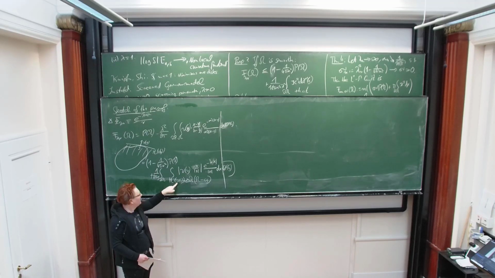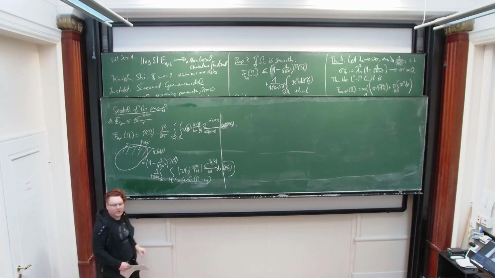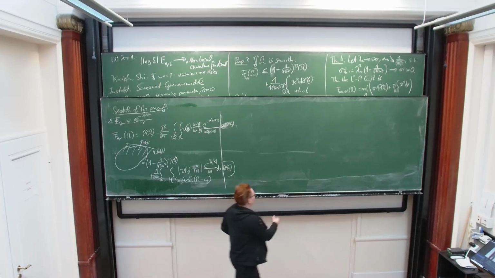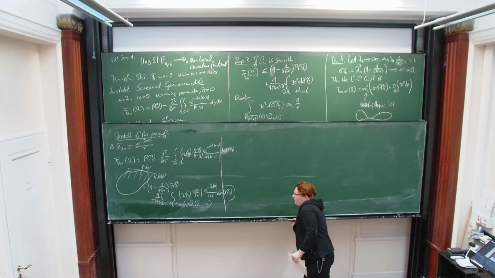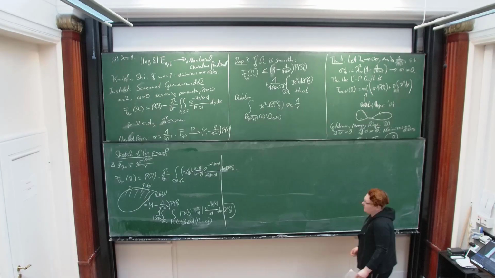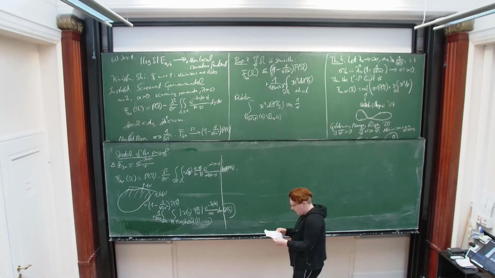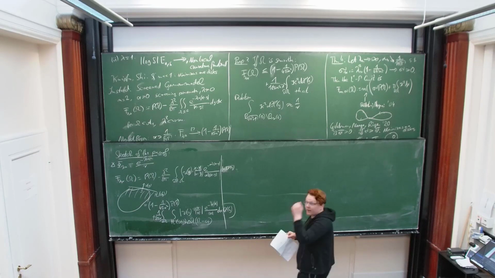So this should remind you of curvature: how much does the boundary deviate from its tangent plane? And that's precisely what we're going to exploit for compactness.